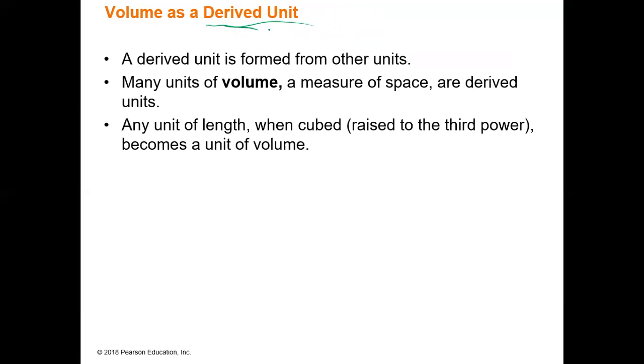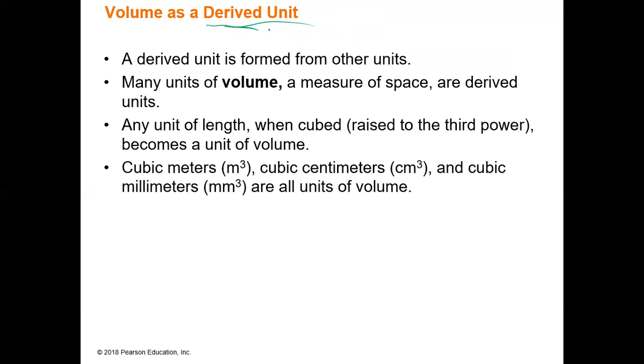Any unit of length, when cubed, raised to the third power, becomes a unit of volume. For example, cubic meter, cubic centimeter, cubic millimeter are all units of volume. So you can see centimeter, millimeter, and meter, obviously they are different, but what they have in common is they are all raised to the third power, all have this exponent 3.